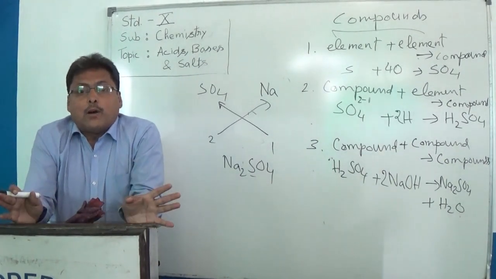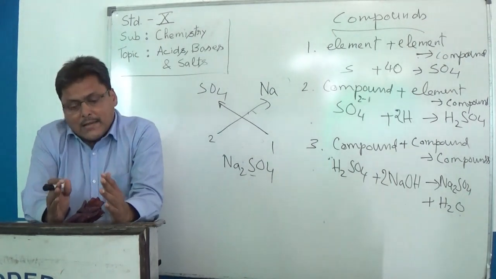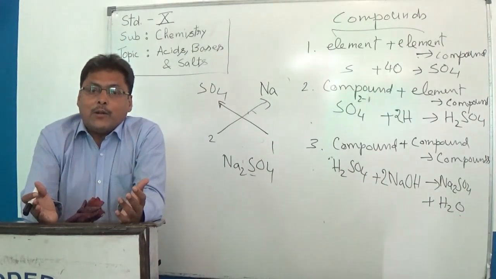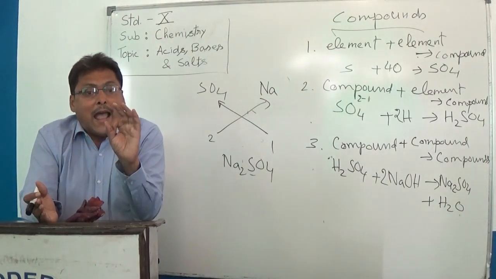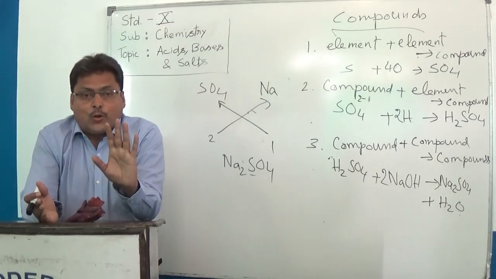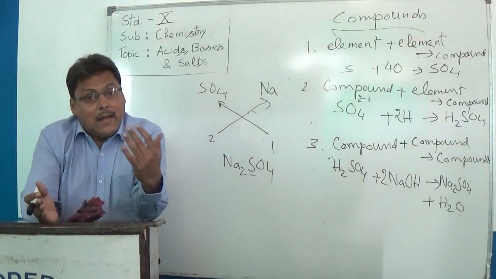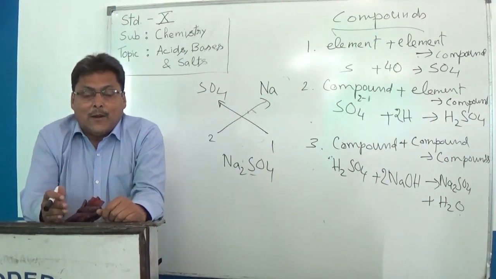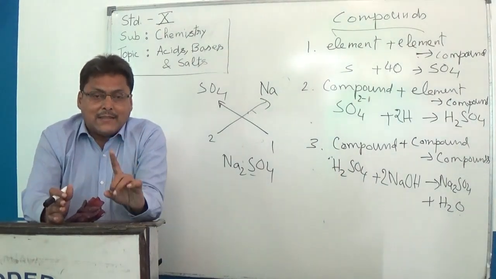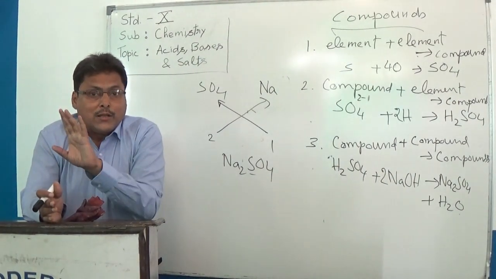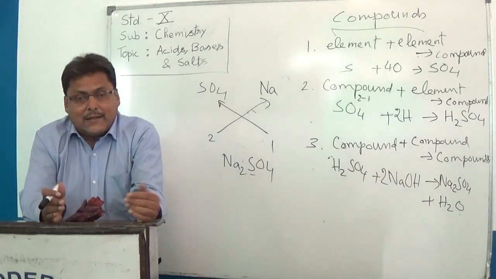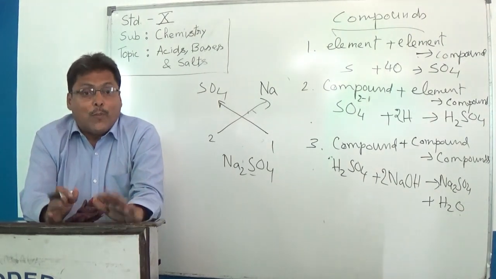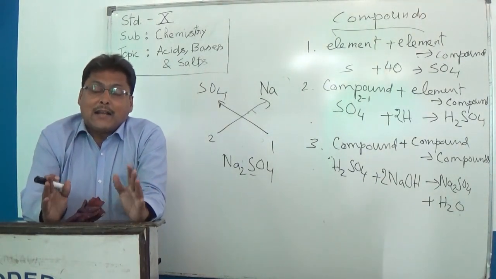All the compounds in the world, according to their chemical properties, we classify them in 3 categories. And these 3 categories are acids, bases and salts. Elements can be acidic, elements can be basic, but only compounds can be acids, bases or salts.